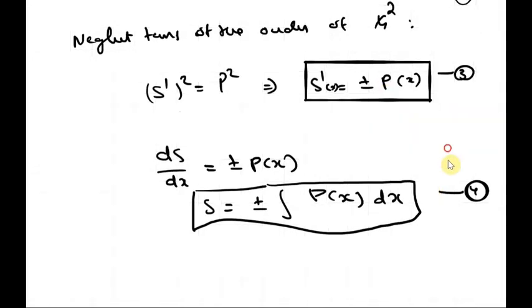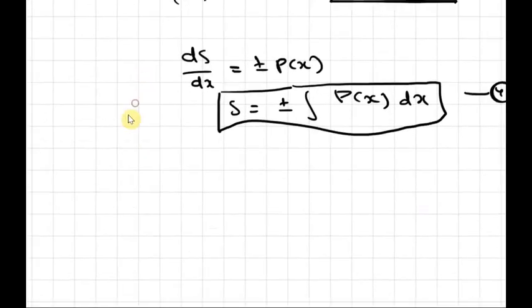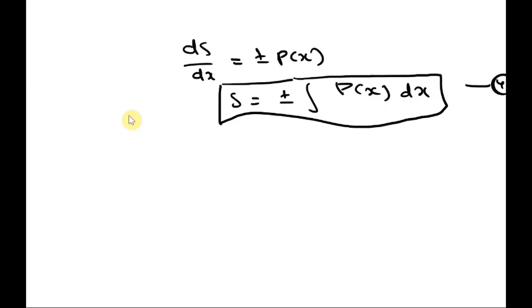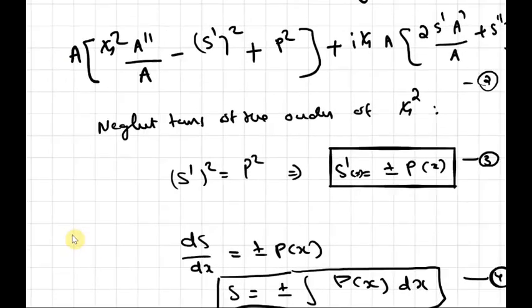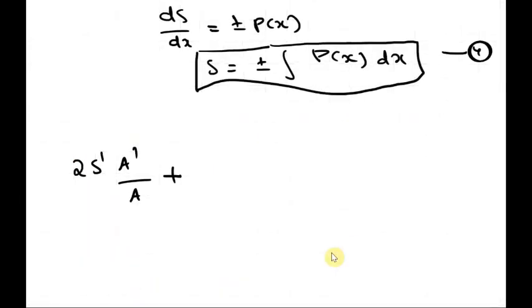Now the second equation which is arising from that is 2s prime a prime by a plus s double prime is equal to 0.